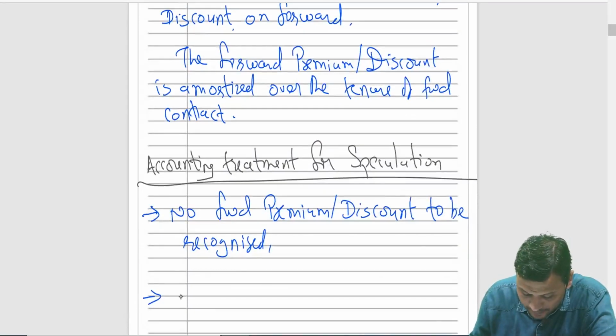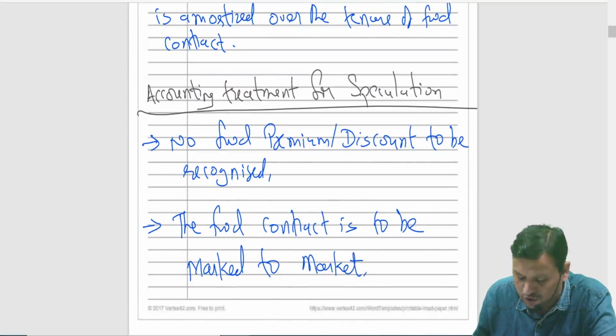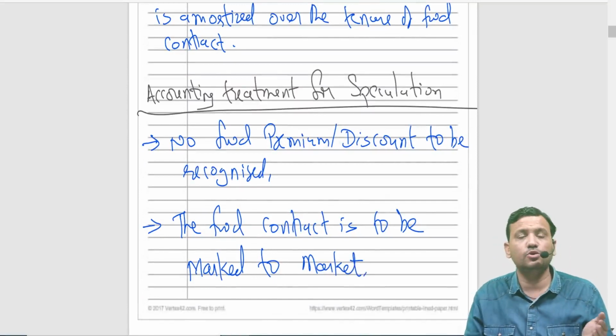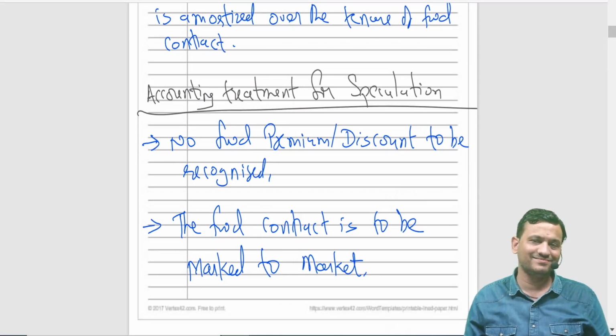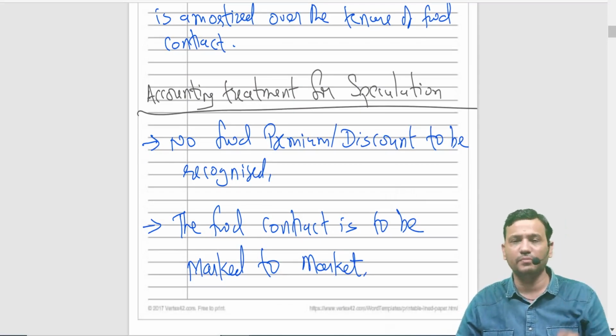Only the forward contract is to be marked to market. What does it mean, mark to market? It means you have to show it at market price. Whatever is the market price, show the forward contract at market price.